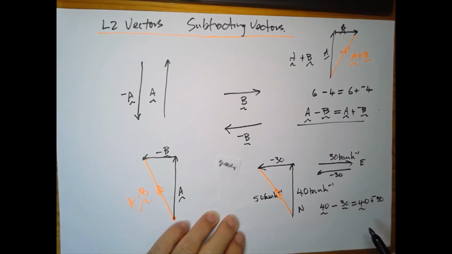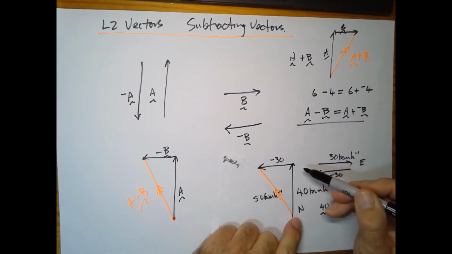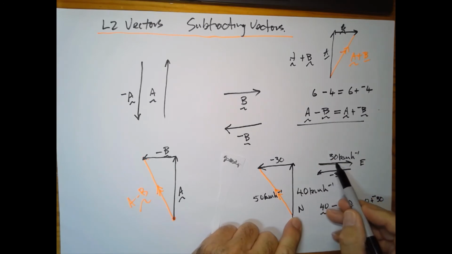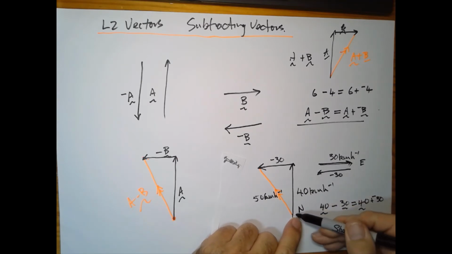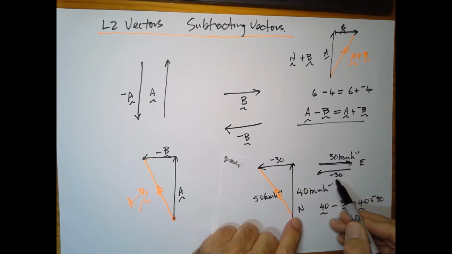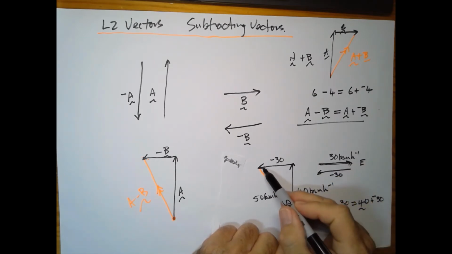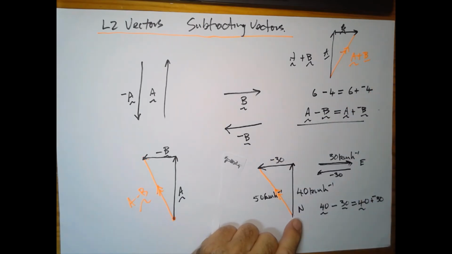So we can say 40 kilometers per hour vector in this direction minus 30 kilometer per hour vector in this direction is equivalent to 40 kilometers per hour this direction plus negative 30 kilometers per hour in this direction, a resultant of this here.